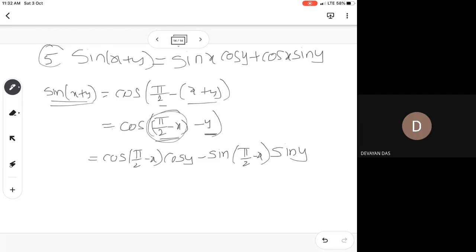So cos of pi by 2 minus x is equal to sin x. Very good.